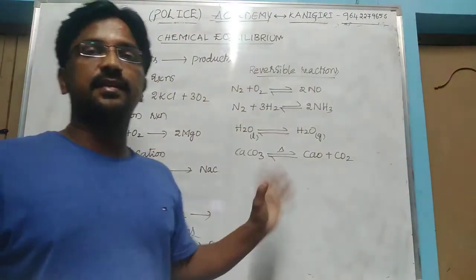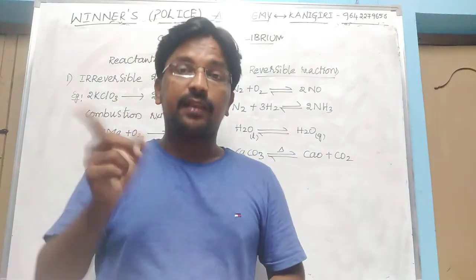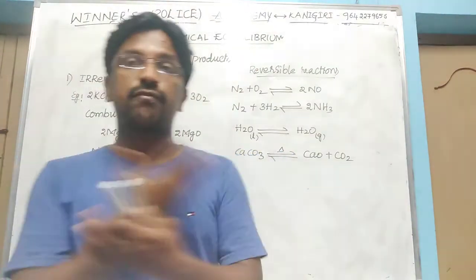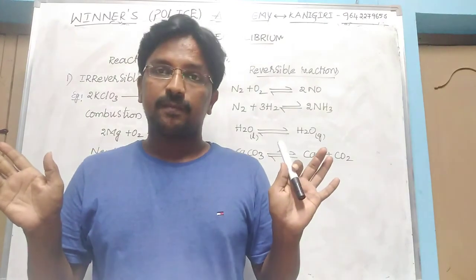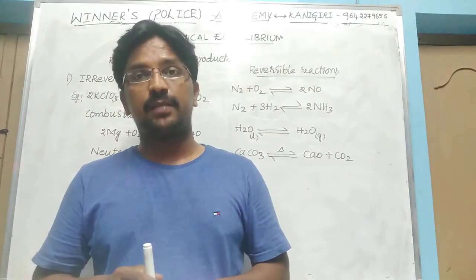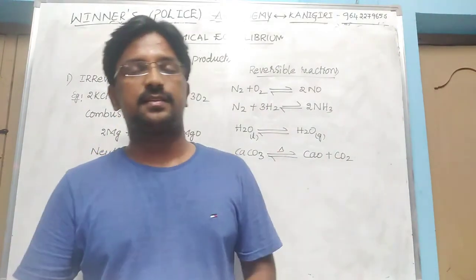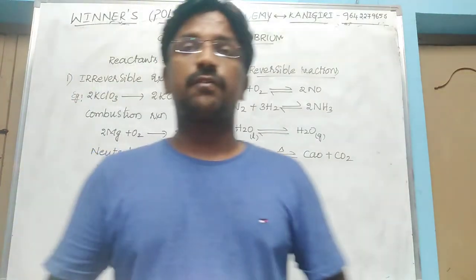So these are the examples for reversible and irreversible reactions. Reversible reactions are carried out in both forward and backward directions, and irreversible reactions go in only a single direction. Forward only takes place. So these are the types of reactions.